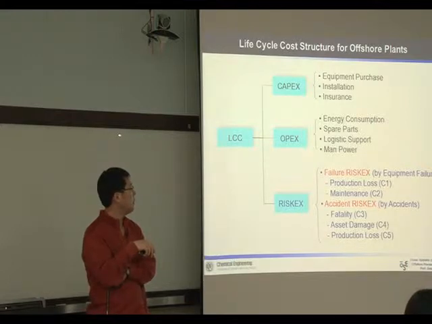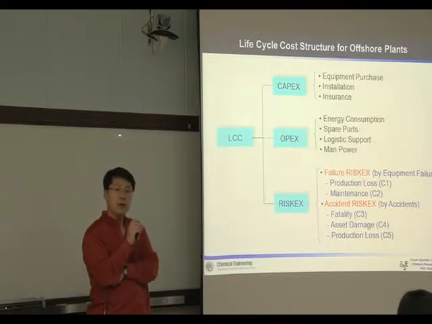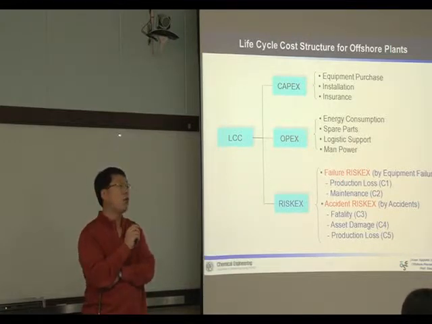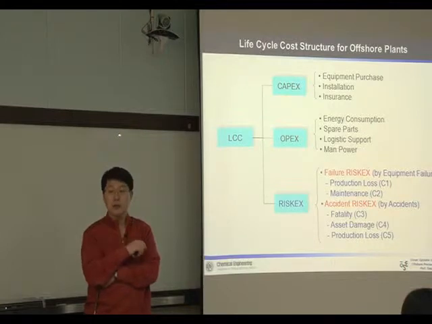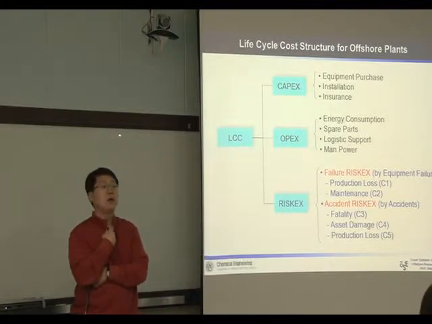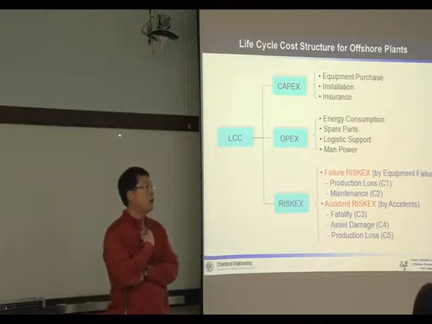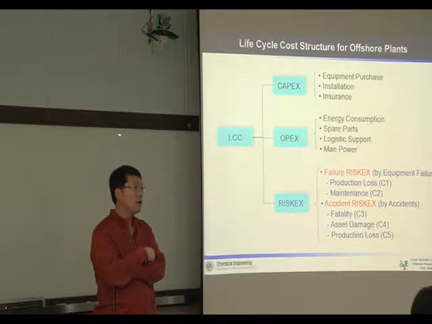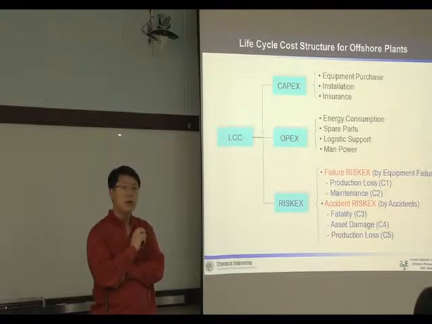I mean that if we have a big accident, we lose some production, and because of the accident, we may have asset damage. For example, our compressor can be damaged, so we need to fix the compressor by paying a huge amount of money. Another thing is fatality, the human life.